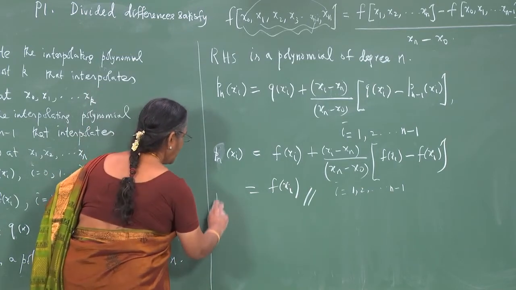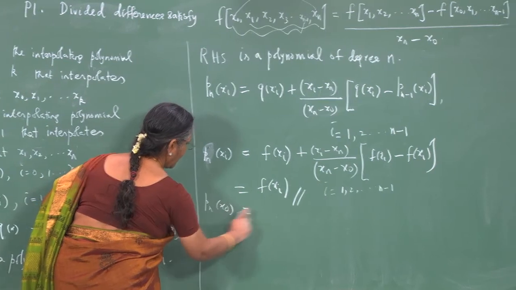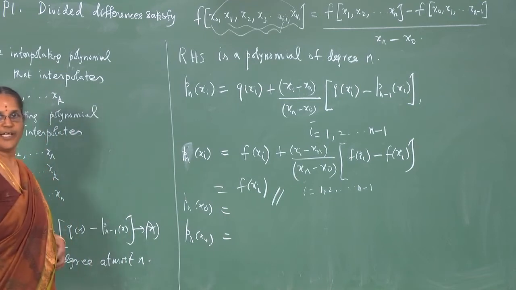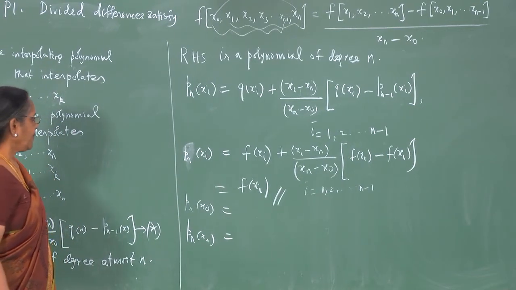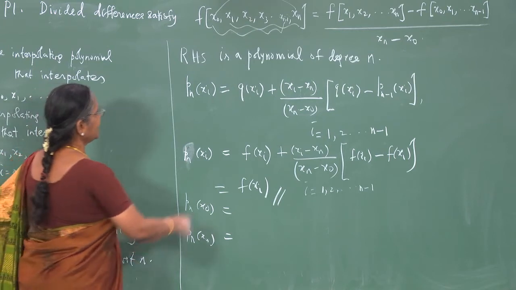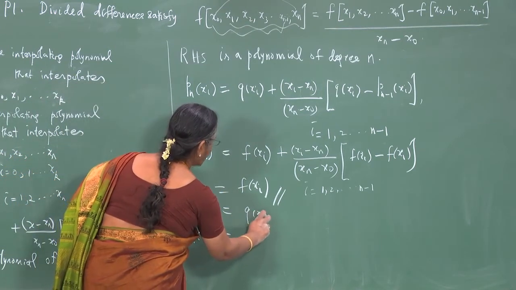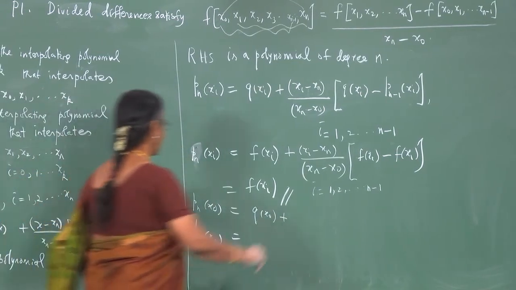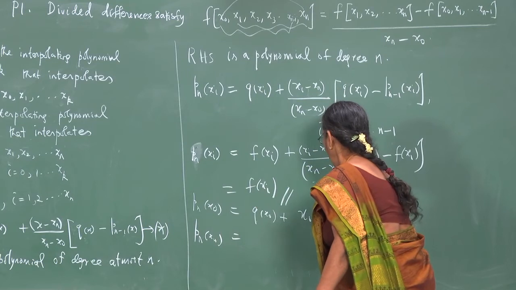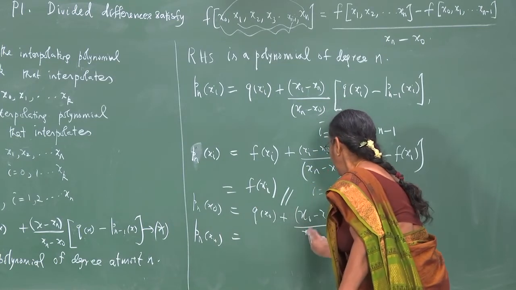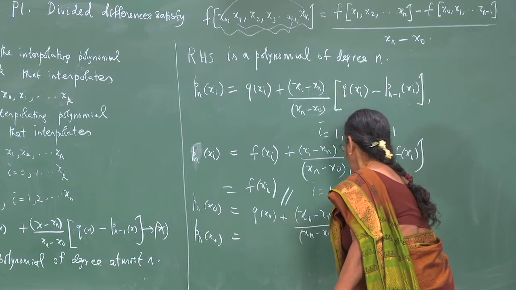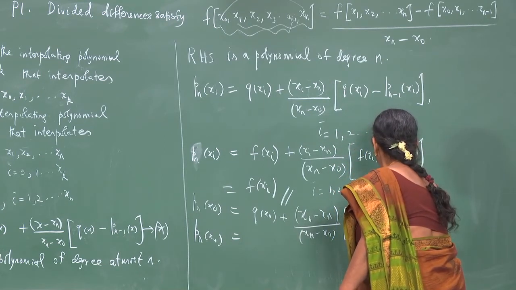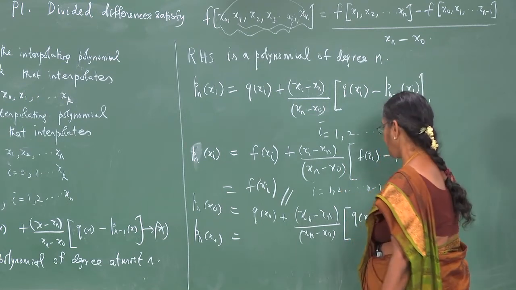So, let us see what it does at x0 and what its value is at xn. These are the 2 points which we have not checked so far. So, Pn at x0 will be q at x0 plus, just look at this, substitute for x as x0, (x0 minus xn) divided by (xn minus x0) multiplied by (q at x0 minus Pn minus 1 at x0).